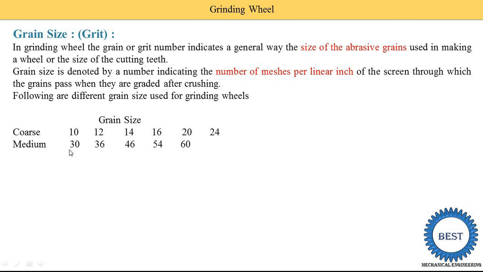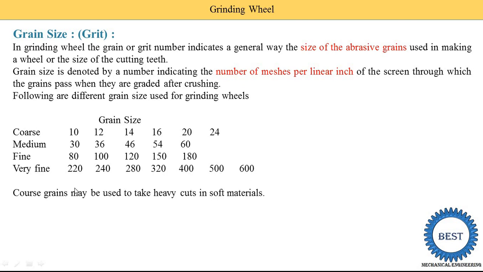Medium has grain sizes 30, 36, 46, 54 and 60. It means in 1 inch, if there are 30 abrasive particles, it is called medium. The third category is fine. Fine means 80, 100, 120, 150, 180 abrasive particles in 1 inch. Very fine is 220, 240, 280, 320, 400, 500 and 600.